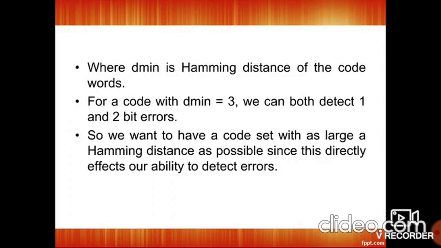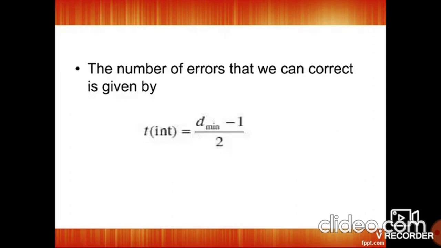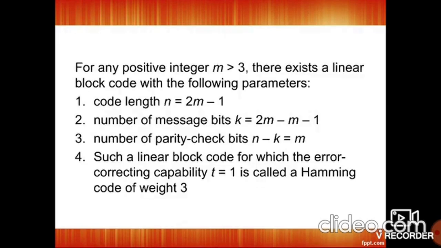For error correction, d minimum equals 2t plus 1, so t equals (d minimum minus 1) by 2.